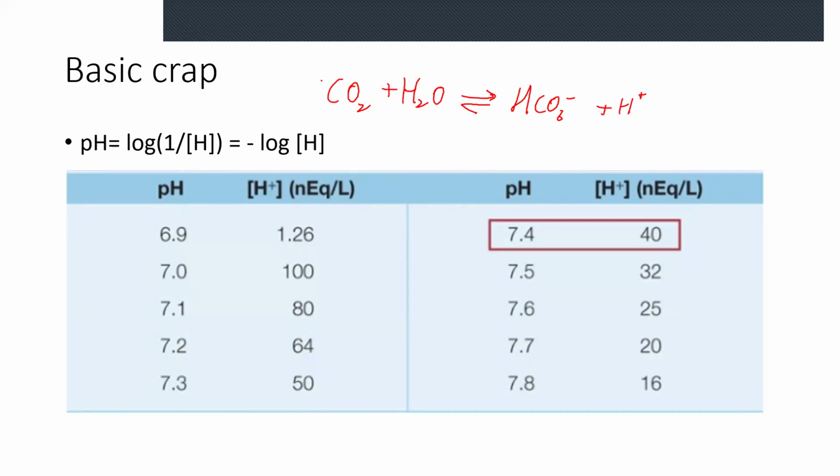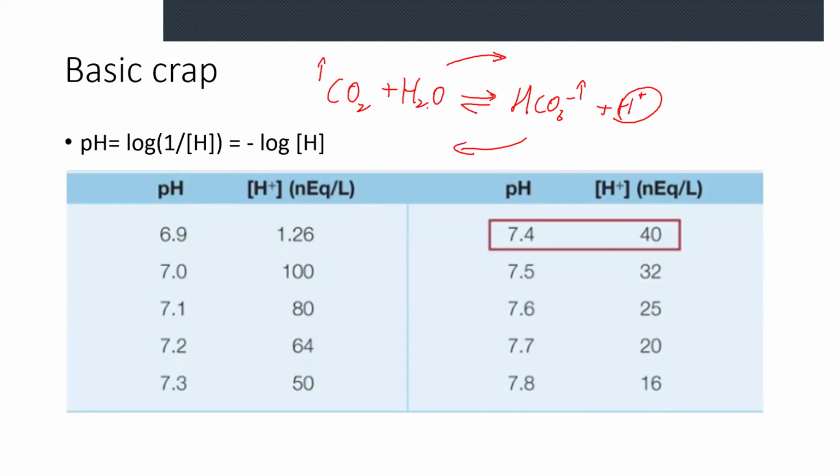So as a quick example, if you hypoventilate, which would increase the amount of CO2, that's going to push the equation this way, which will increase the concentration of hydrogen, right? And vice versa, if you increase the concentration of bicarbonate, that's going to push the equation across, which will lower the concentration of hydrogen. And so this is the basic idea by which we regulate our hydrogen concentration, all right?